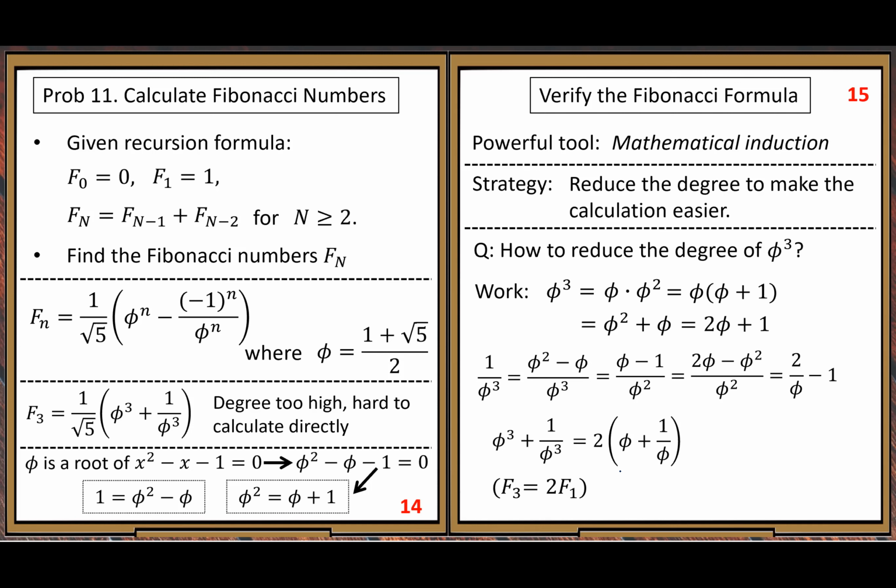Because that corresponds to phi 1, right? After you multiply 1 over root 5 on both sides, that's F1, F3, F1, so F3 equals 2F1. So you get the answer too.